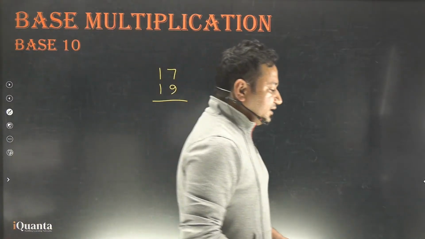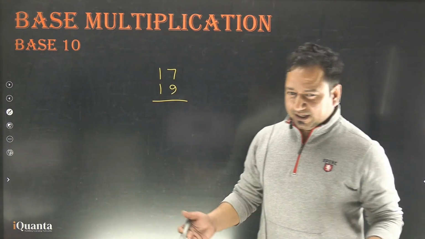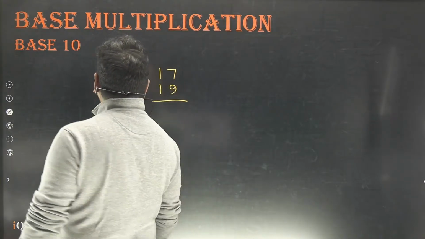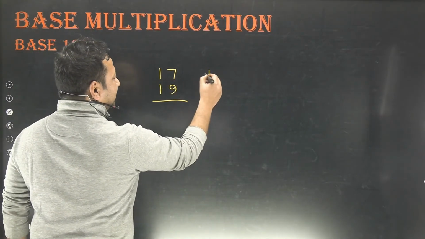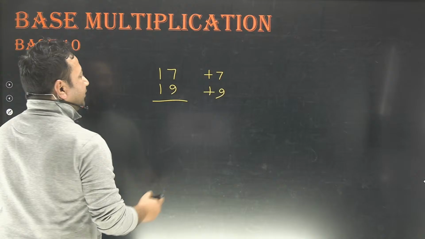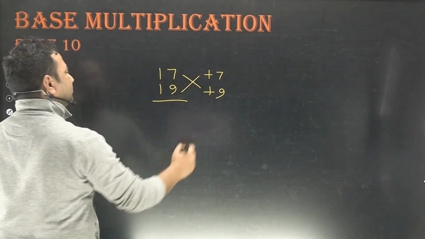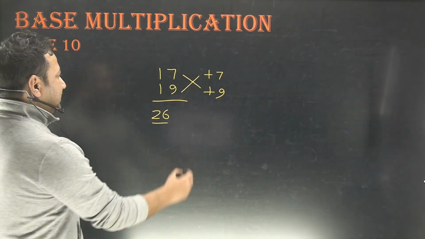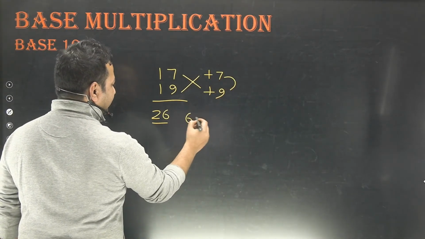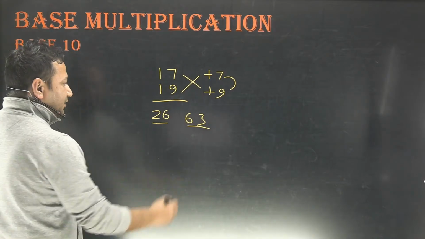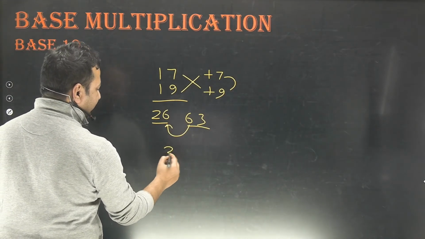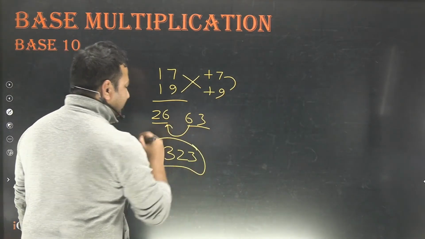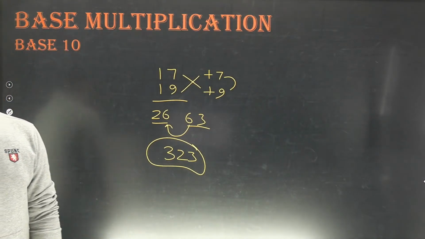Don't worry, this is base 10, I'll go to base 20, base 30 and so on. Just hold your horses. So here we have plus 7, here we have plus 9. If I add 17 to 9 or 19 to 7, I'll get 26 in both the cases. Agreed? 7 multiplied by 9 is 63. Only one digit is allowed. 6 goes here, this becomes 323. Clear? 323 is the answer.